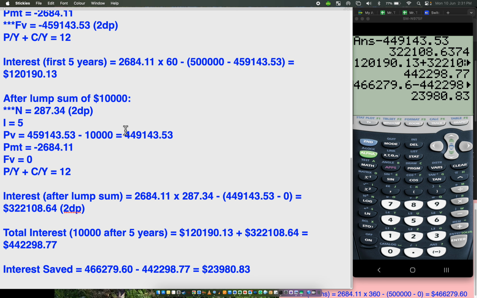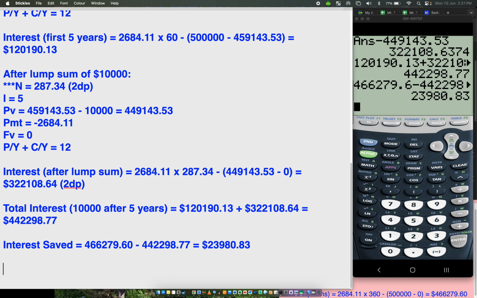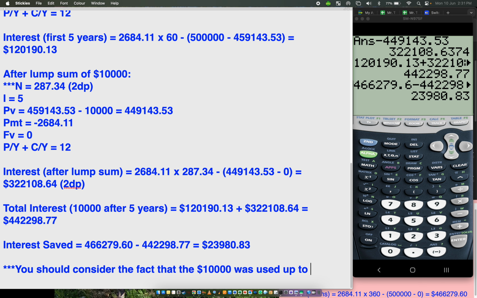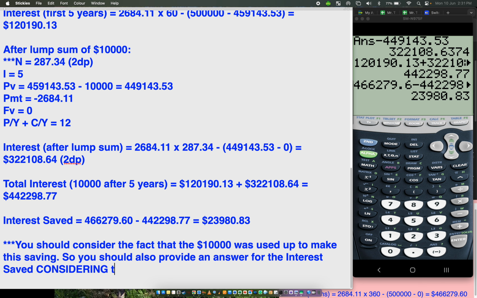It looks like it's over double the lump sum of $10,000. Now, there's a little asterisk here. You should consider the fact that the $10,000 was used up to make this saving. So you should also provide an answer for the interest saved considering the lump sum.